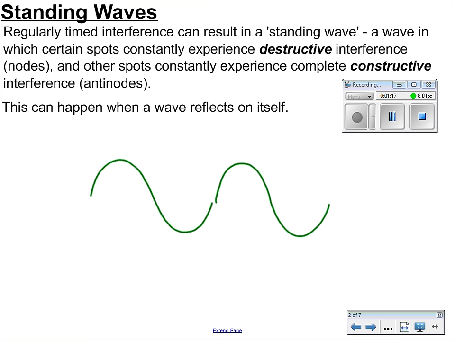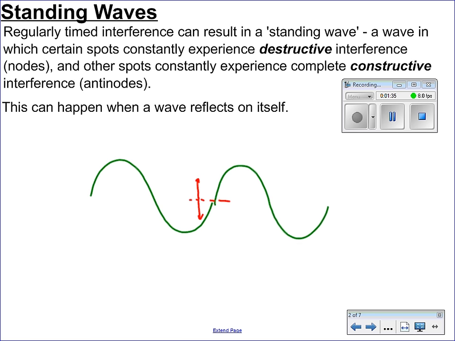And when they hit each other at this orientation, then you're always going to cancel out. If you look at this from the rest position, at any point in here, we go up about the same distance that we go down. So they cancel out. You get destructive interference at that point.